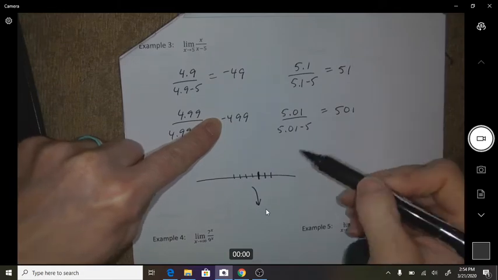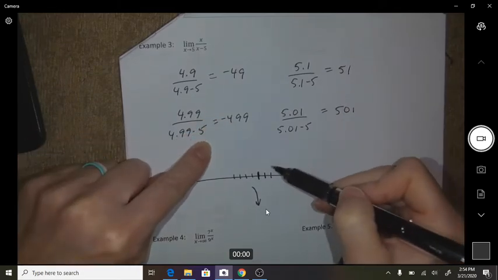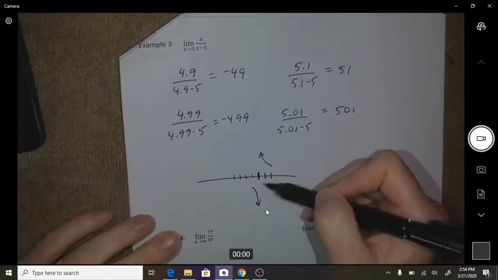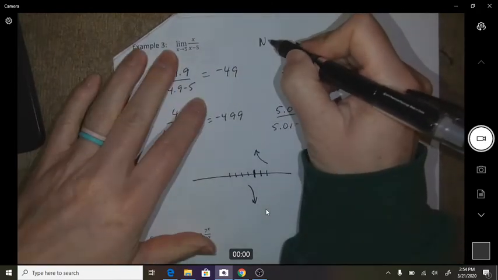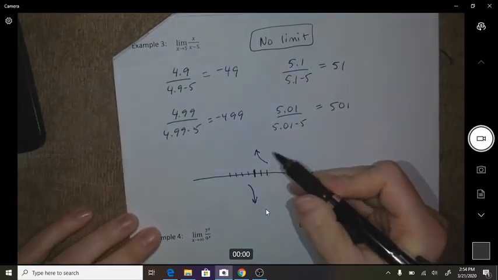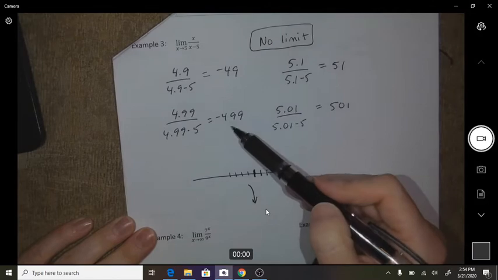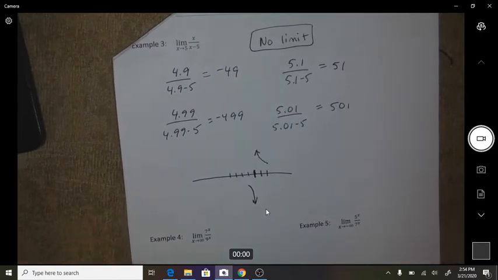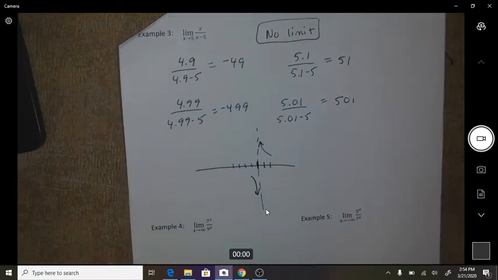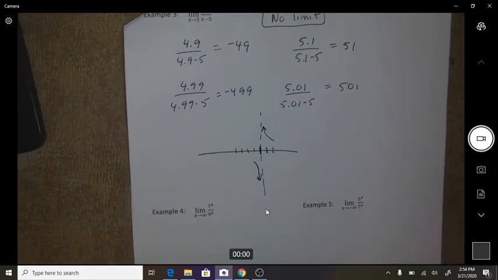And as I'm going towards 5 from this way, it looks like this is happening. So I have no limit here. Okay, as you're coming this way, you're going towards negative infinity, and here you're going towards positive infinity. So obviously there's an asymptote behavior there, and you're going to have no limit.